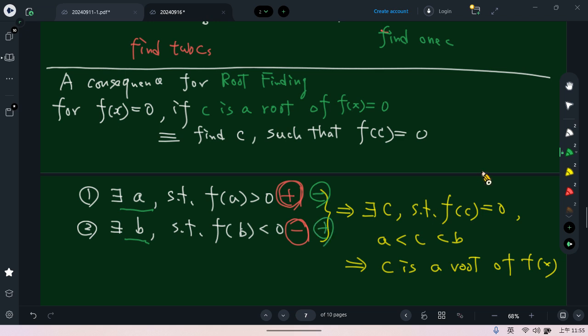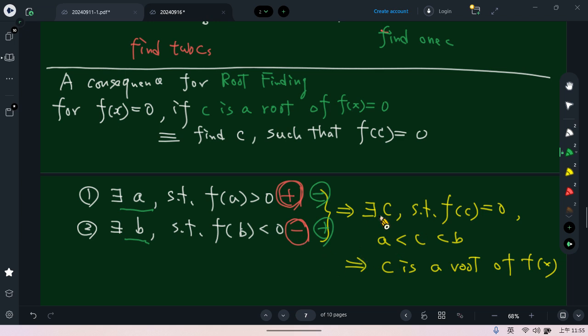Then we can also find c between A and B so that f of c is equal to 0. From positive to negative, you will pass 0. From negative to positive, you also will pass 0, because f of x is a continuous function.